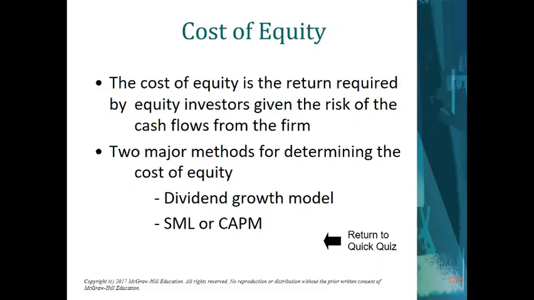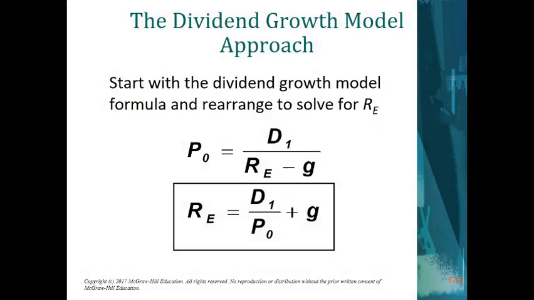All right, so if you recall, dividend growth model, you start with figuring out the dividend for the first period. If you know the dividend in the first period and the return and the growth rate, you can figure out the price.